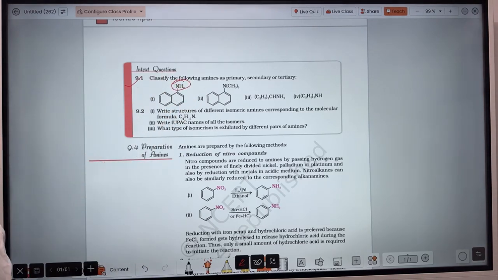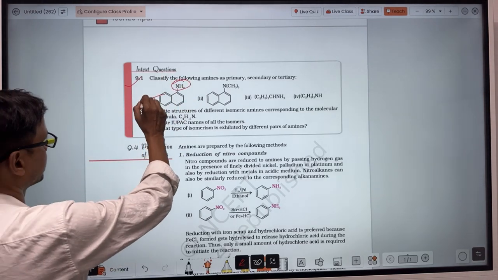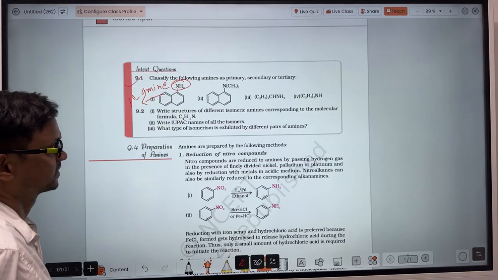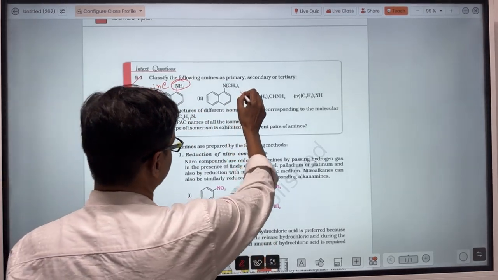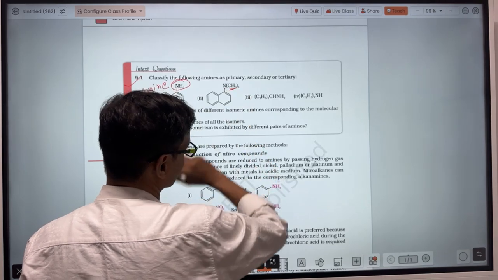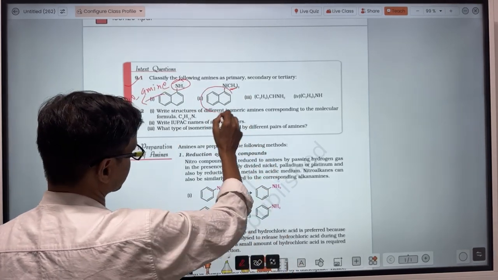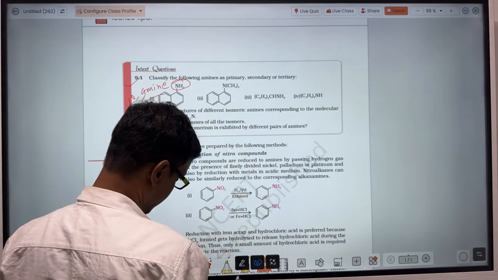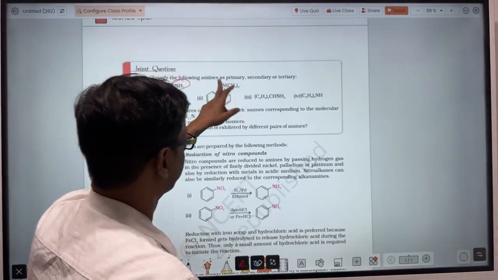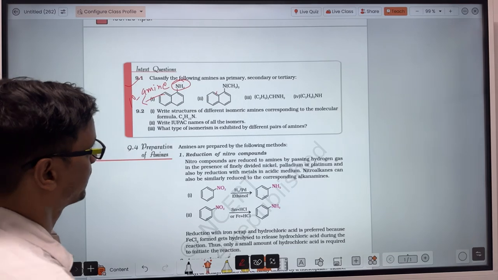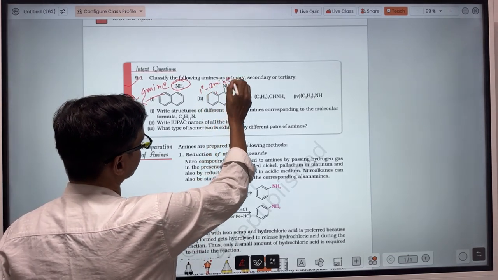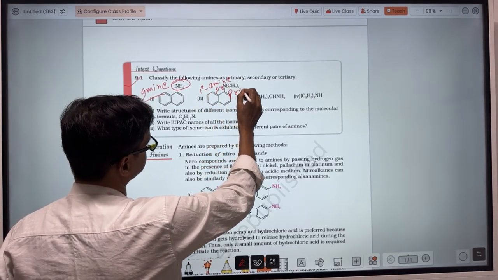Only one hydrocarbon is bonded to the NH2. So that's why it will be 1 degree amine. In this compound here, 2 alkyl groups are bonded to nitrogen and one this group. So in total 3 hydrocarbon groups are bonded here in this compound. That's why it will be also included in 1 degree amine, or that will also be called primary amine.